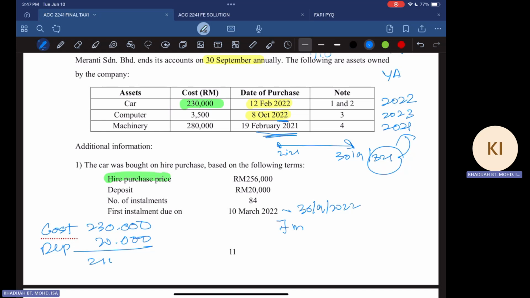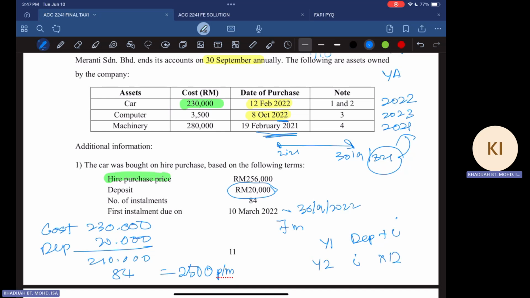So the balance of 210,000 over 84 months: 210,000 divided by 84 months gives 2,500 ringgit per month. In YA 2022, you paid 7 months installment plus a deposit of 20,000. For year 2, you paid the installment for 12 months only, so you have to compute.